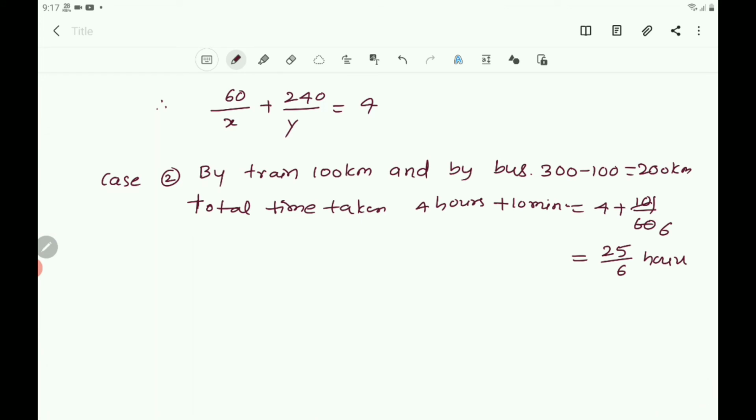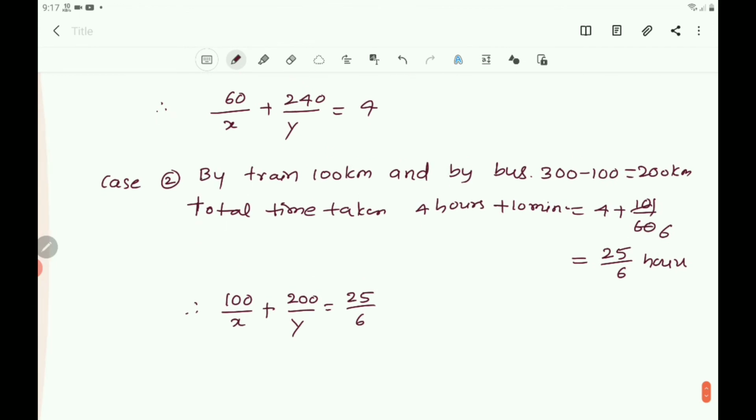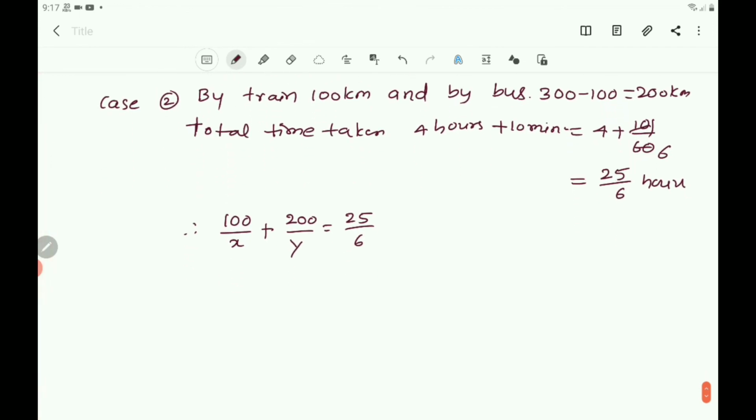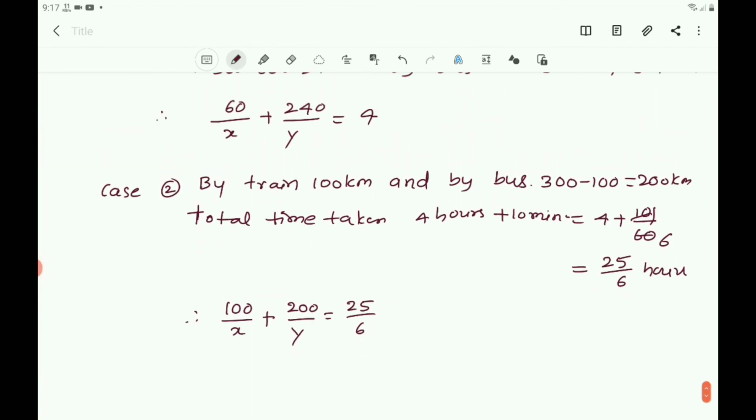Now the relation becomes: by train 100 by x plus by bus 200 by y equals 25 by 6. So you got two relations here.